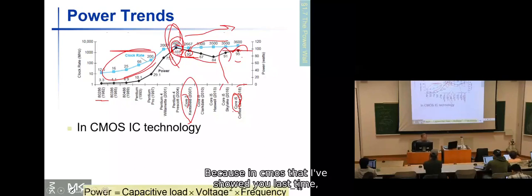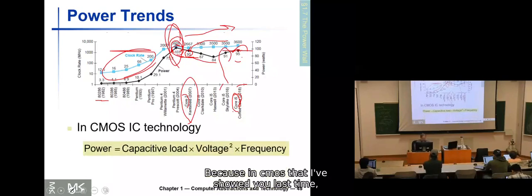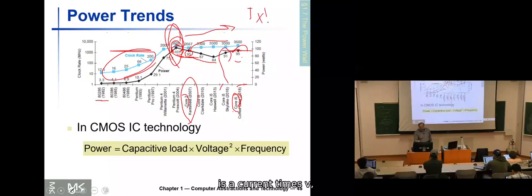Why? Because in CMOS that I showed you last time, the power is mainly due to dynamic power. We have static power and dynamic power. Static power is the leakage in the IC when there is current I times V. It is static, which in CMOS technology is very low.